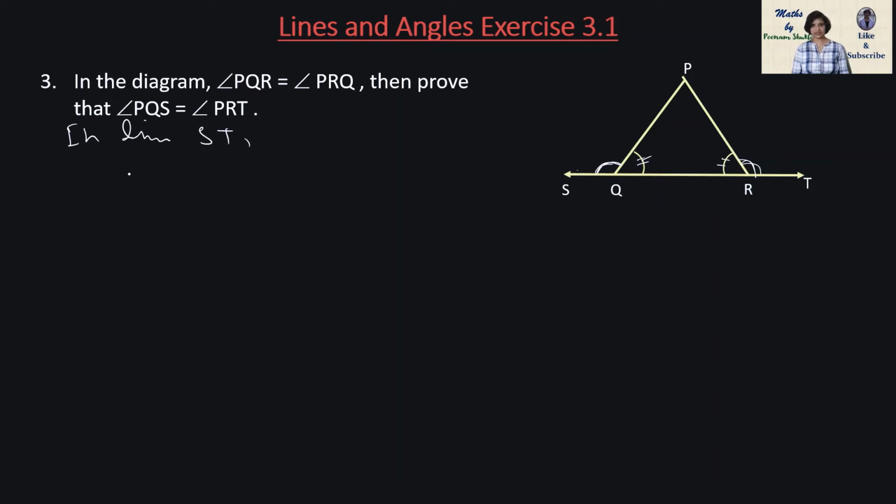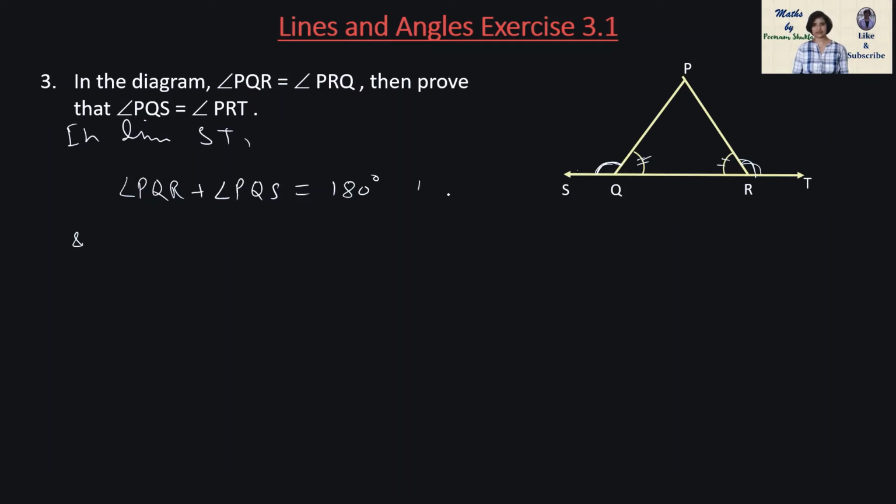You can write angle PQR plus angle PQS equals to, you have to write very carefully these angles name, because in small mistake everything will be changed. So this and what you can write, this is also in same line. These angles are also on same line. These are linear pair of angles.